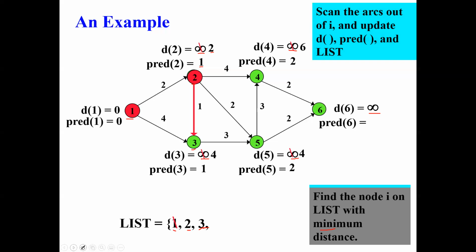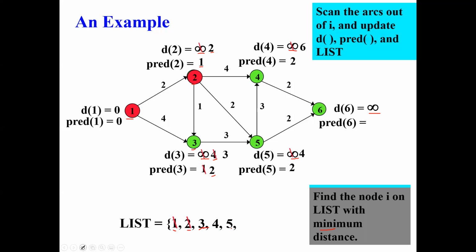The distance from 1 to 2, and 2 to 3, is equal to 3. That is smaller than 4, so we can update this 4 to 3. We also update the predecessor. It's no longer 1, the predecessor is 2, because the distance through 2 is better than the distance straight from 1.